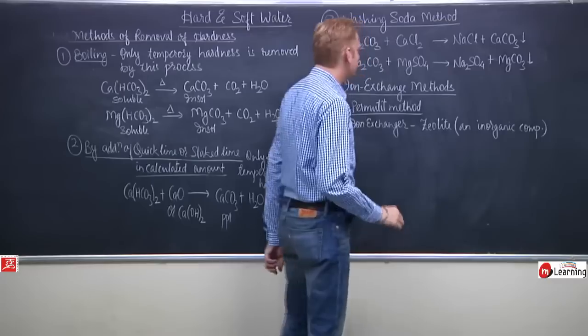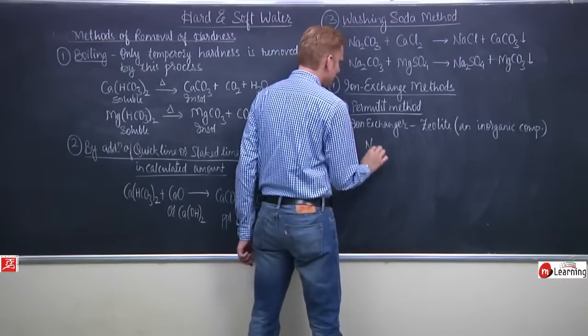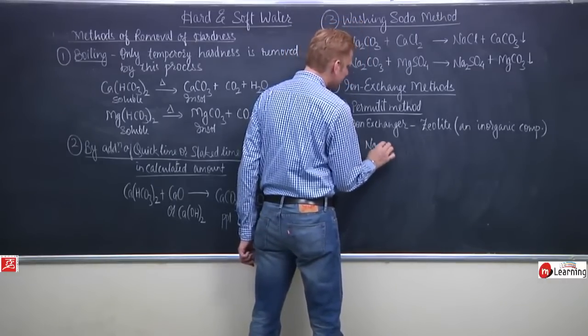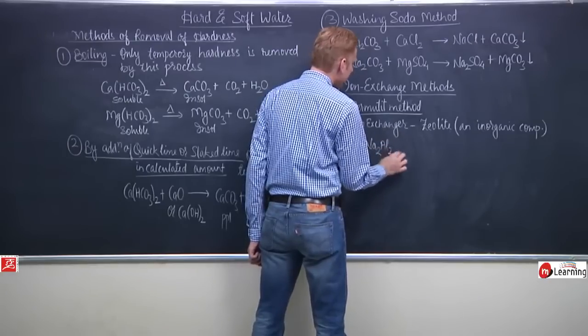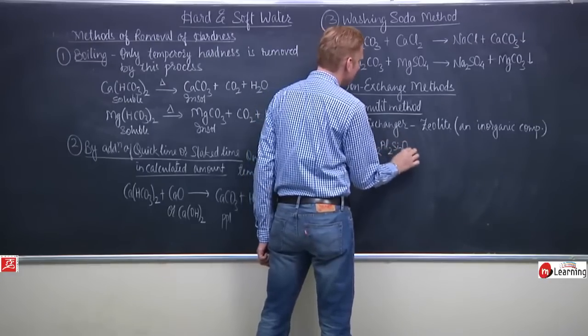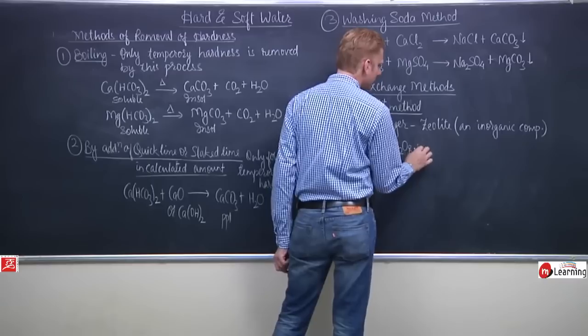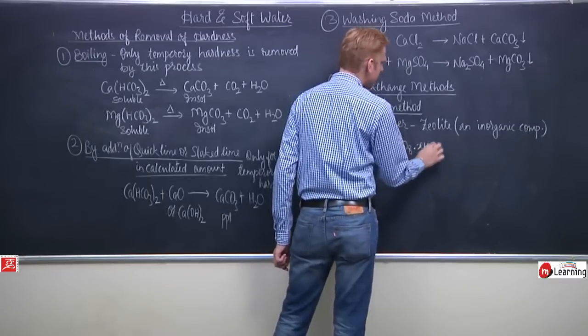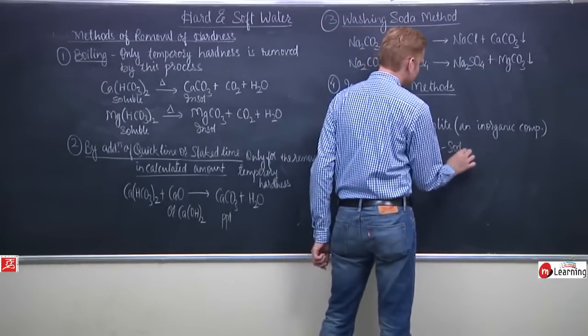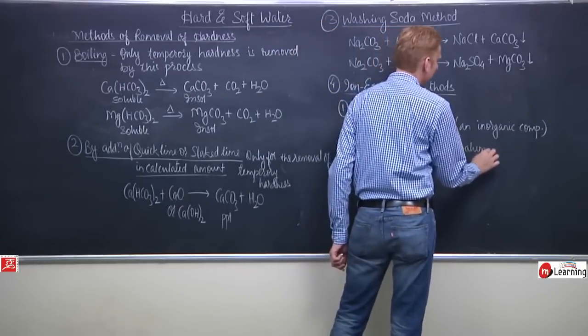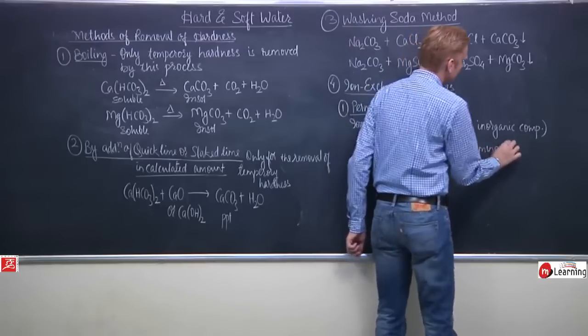Zeolite is an inorganic compound. The formula for sodium zeolite, Na2Al2Si2O8·xH2O. This is exactly sodium aluminosilicate.